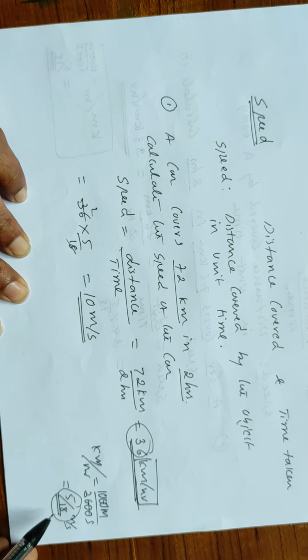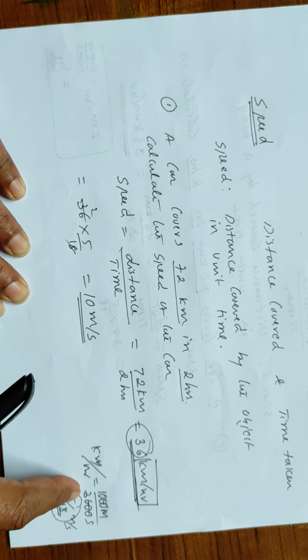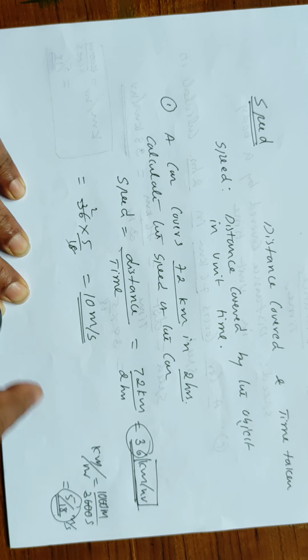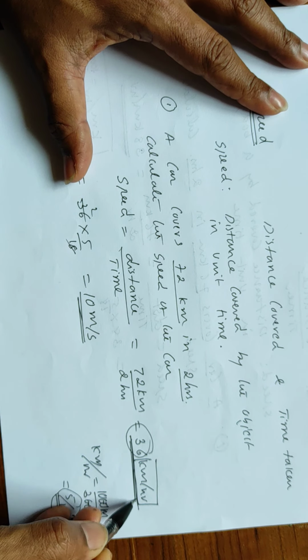So whenever speed is given in kilometers per hour, you just multiply by 5 by 18, which is the simplified form of 1000 by 3600. Dear students, both are one and the same.